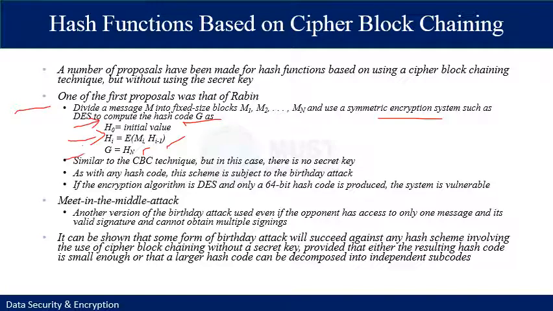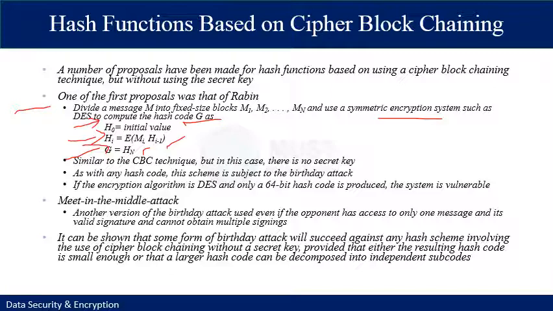The final value is referred to as the hash code G. It is very similar to the CBC technique, but in this case there is no secret key.